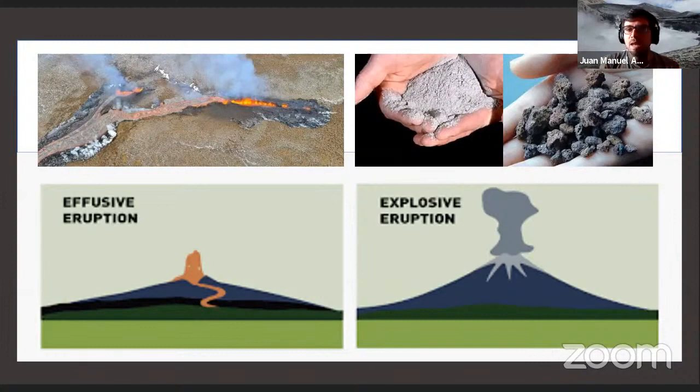The difference is how they go out to the surface. In an effusive eruption, magma comes out and it doesn't change anything in the middle, or almost anything. But in explosive eruptions, before the eruption there is like a plug at the top of the volcano, in the summit. The pressure begins to increase, and finally it explodes. And this magma comes out as pyroclastic material, like, for example, volcanic ashes.